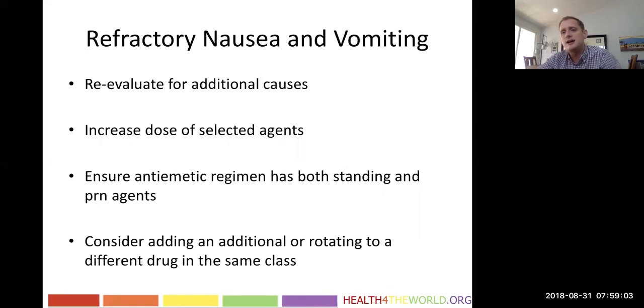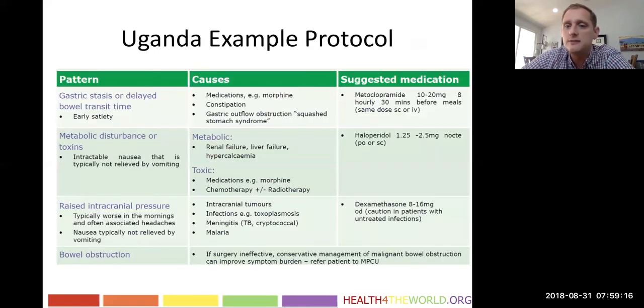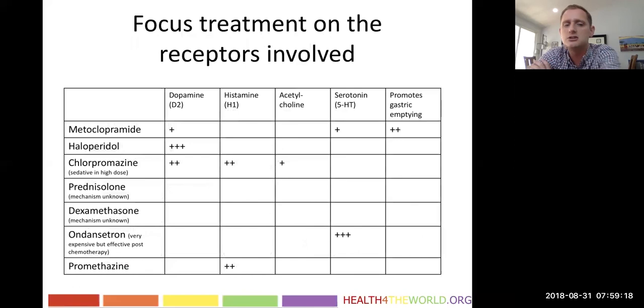And again, like we talked about, if it's truly refractory and you're using one of these, the most important thing is to stick with one agent and increase the dose until you start to get side effects. One thing to absolutely keep in mind: when you're using medications that hit similar receptors, that's where I want you to especially have some caution.